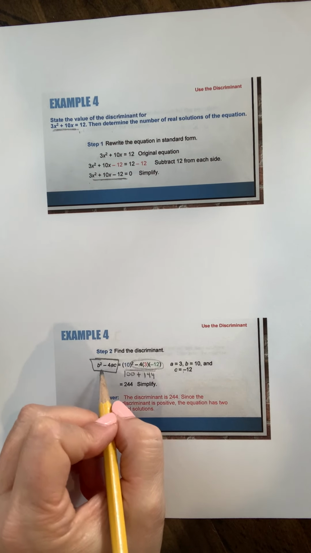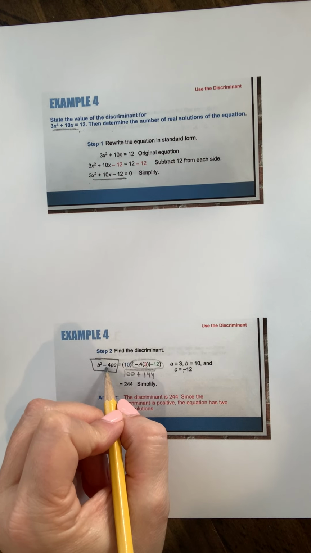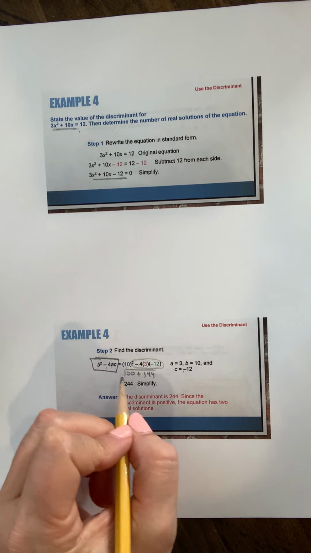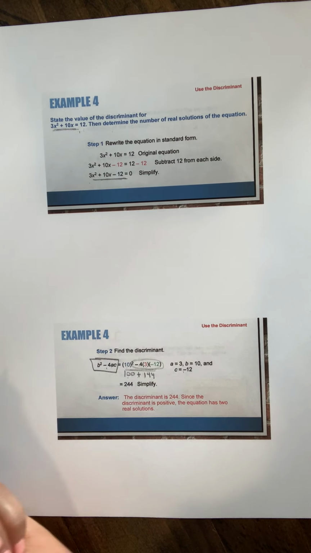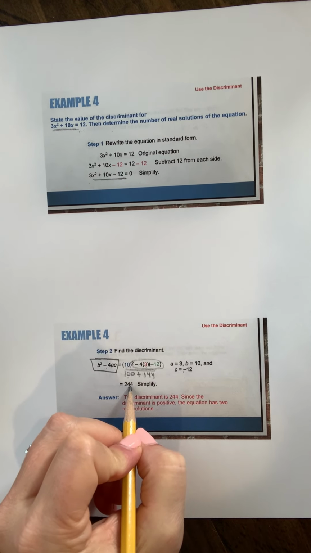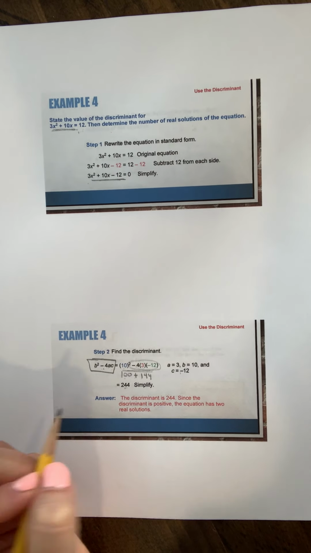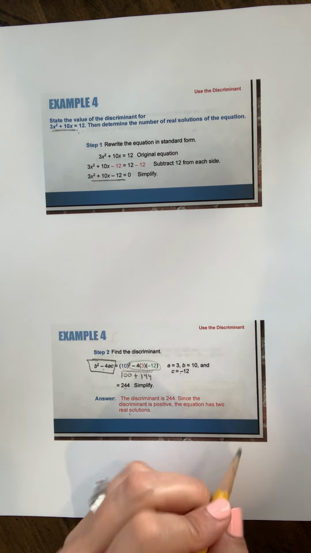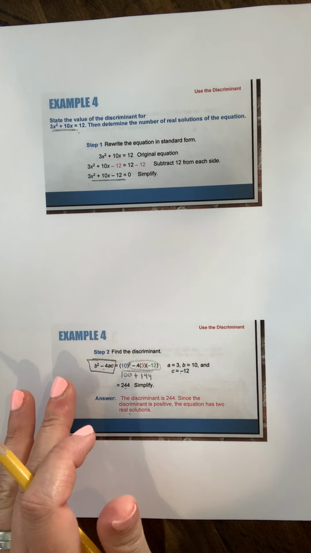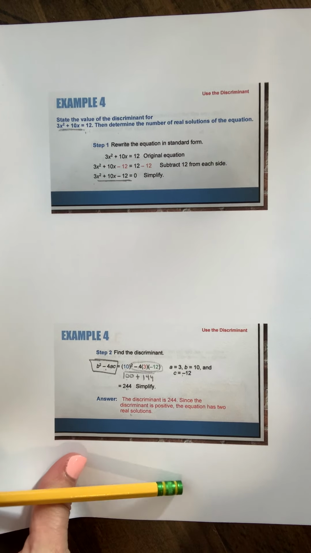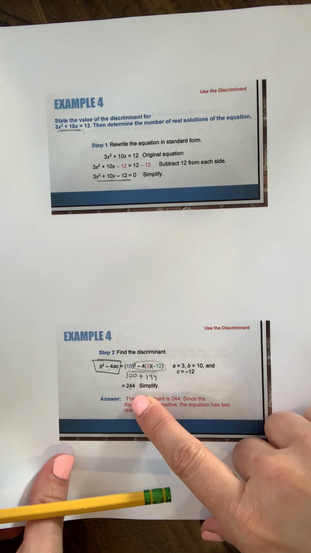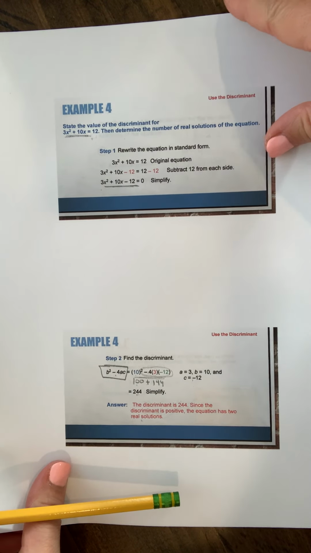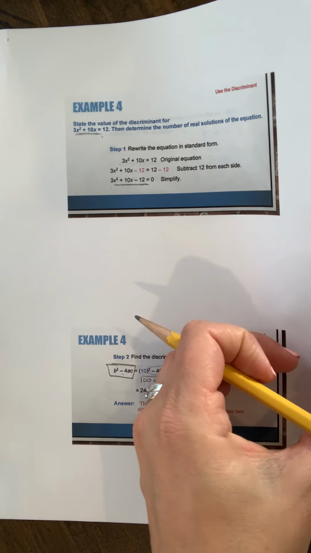Remember, you're just working the part underneath the radical from the quadratic formula. 100 plus 144 is 244. This is a positive number. That's all I look at, is positive. So this equation is going to have two solutions. It's not asking me to find the solutions, it's just asking me how many solutions it has. And because I got a positive number here, it has two solutions.